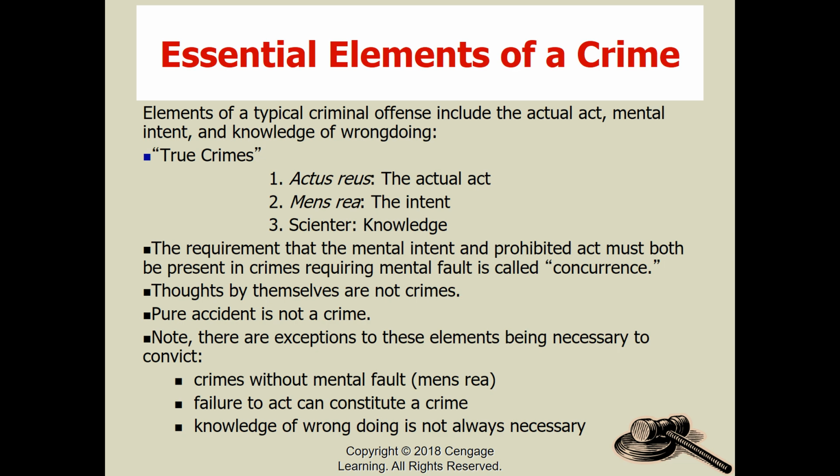Okay, the next point is talking about essential elements of crime, as we talk about the three vital parts of all crimes and how they fit together. So we talk about the idea that all crimes have to be physical acts. All crimes have to be coupled with a mental state, an intent, and all crimes should have both of these together, knowledge.